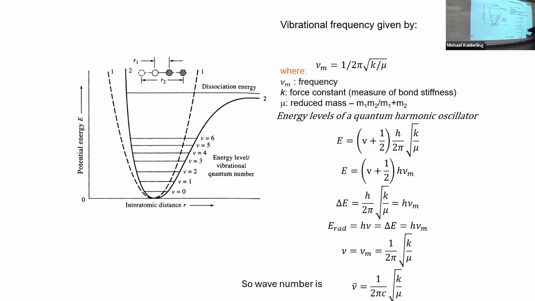So from 0 to 1 is h bar times the natural frequency, from 0 to 2 is 2 h bar times the frequency, and so on. So the frequency is that, and then there's the wave number. But the idea is that if you're going from 0 to 1, it'll be something, 0 to 2 will be twice the frequency, 0 to 3 will be 3 times the frequency.